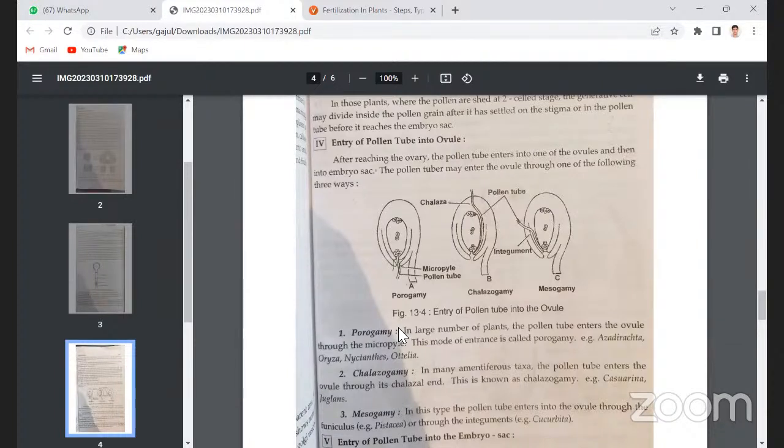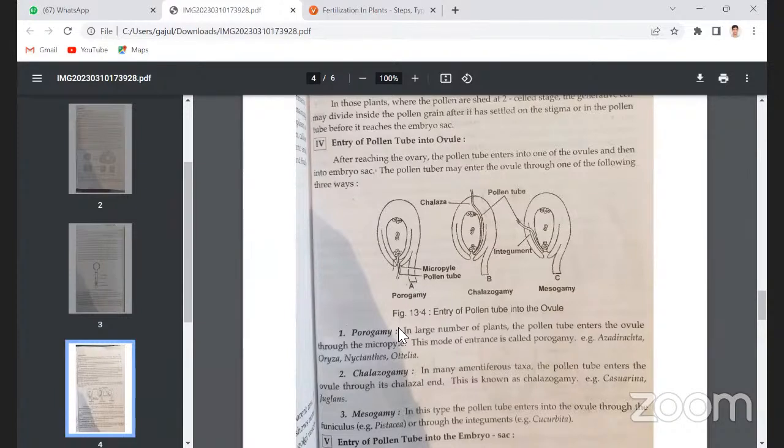After reaching the ovary, the pollen tube first enters one of the ovules and then the embryo sac.